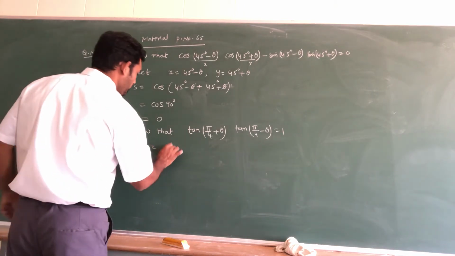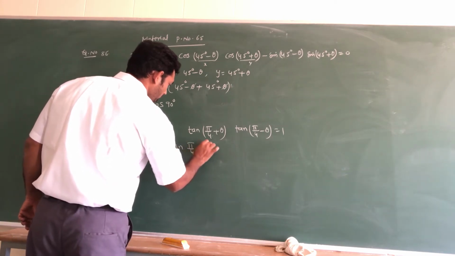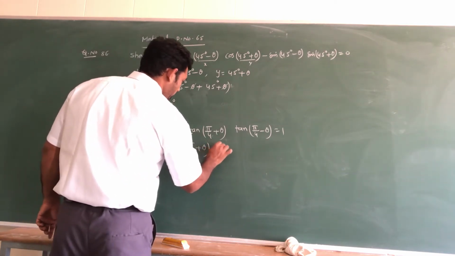You see now. LHS is tan(pi by 4 plus theta) tan(pi by 4 minus theta).